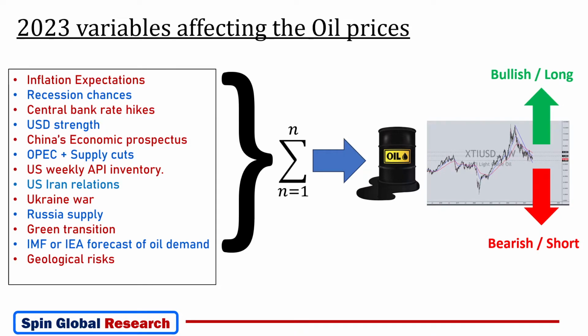Another interesting looming factor is the Chinese economic prospects. The Chinese economy has been affected mainly because of its property market, and it took long for them to recover from the COVID lockdown. All the economic data indicates sluggish Chinese economic growth, but still the PBOC, their central bank, and the government are trying to maintain the pace of 5% GDP growth.